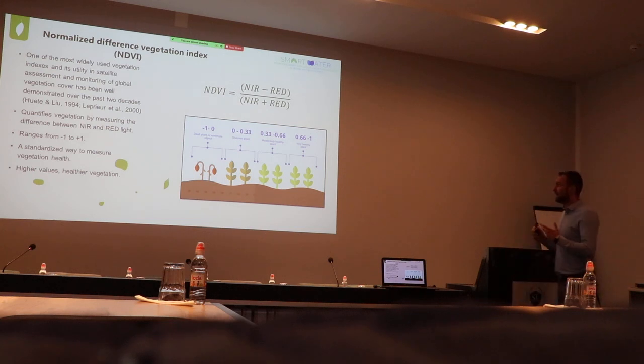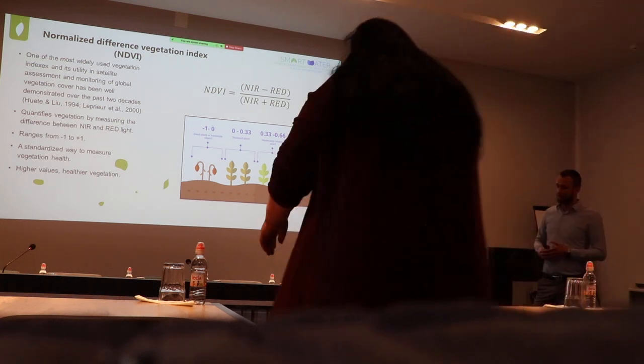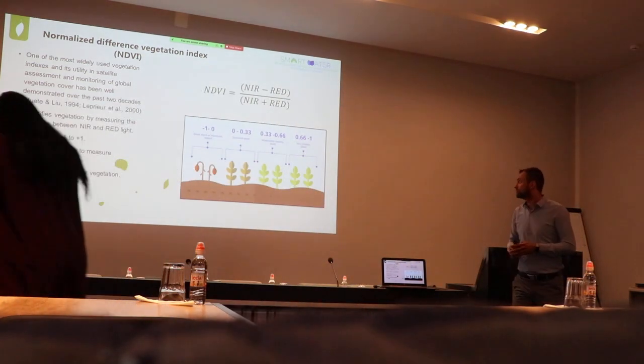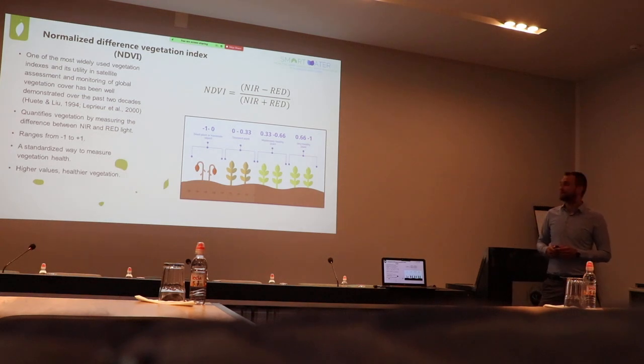The higher values of this index mean healthier vegetation. You can see that in the picture, and also the equation for how to calculate this index from satellite images.